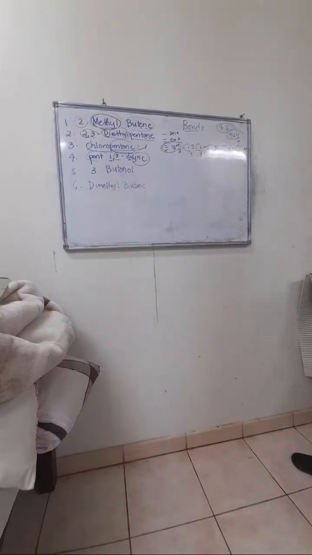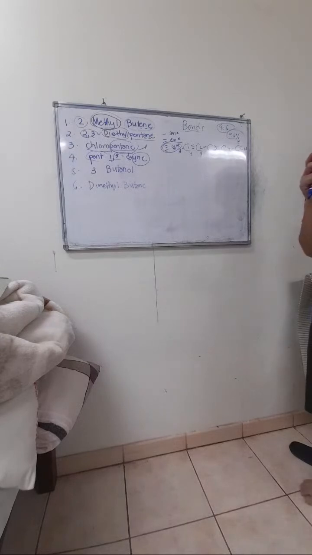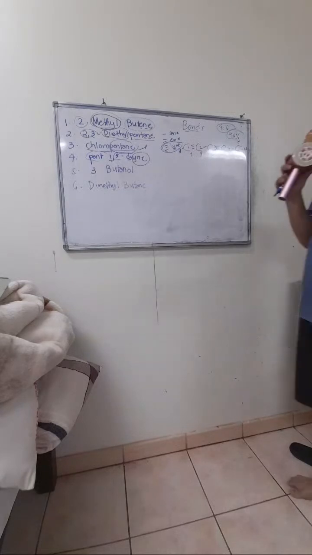So the more double bonds and triple bonds you have, the attachments of hydrogen become fewer. That's a logical interpretation. You get the point? So you could not expect the hydrogens to always be higher in number if we are having a lot of double bonds and triple bonds.